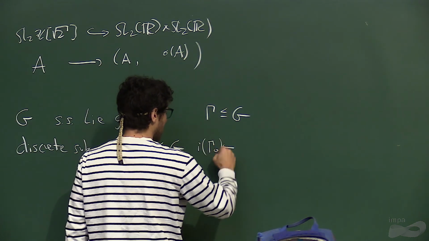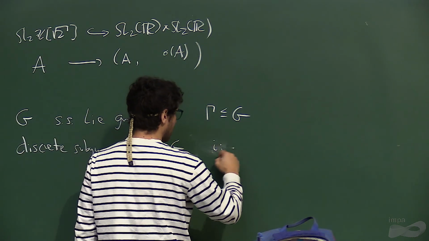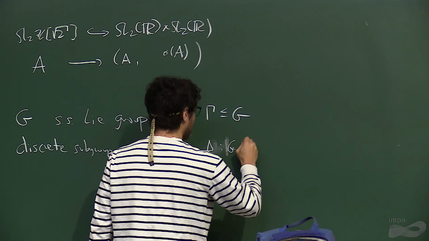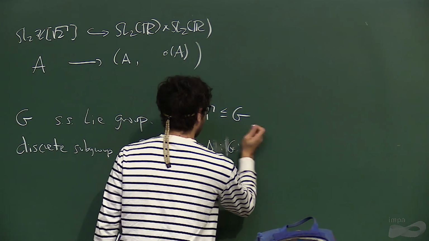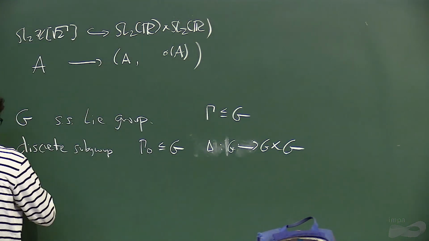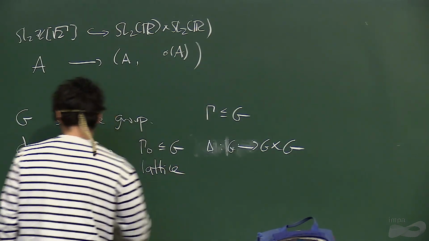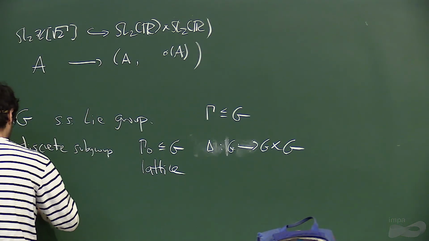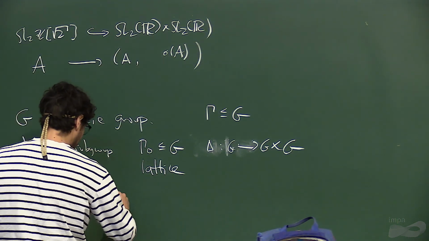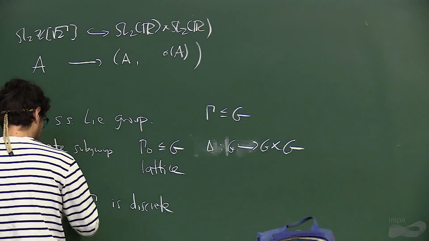Let Δ be the diagonal embedding of G into G times G. Suppose Γ0 is a lattice, and suppose Γ is discrete and Zariski dense.